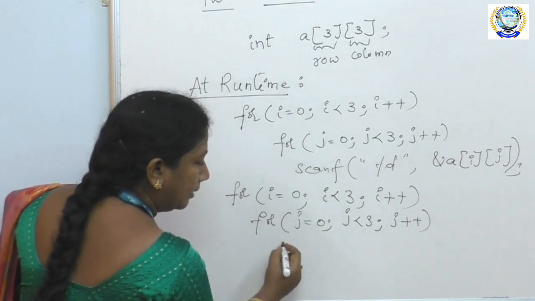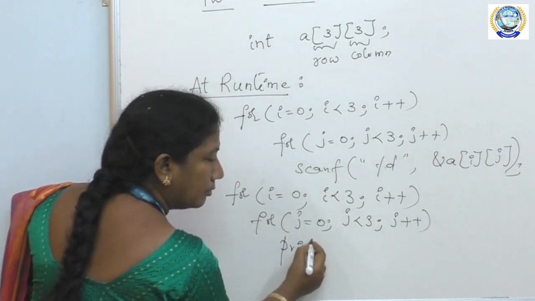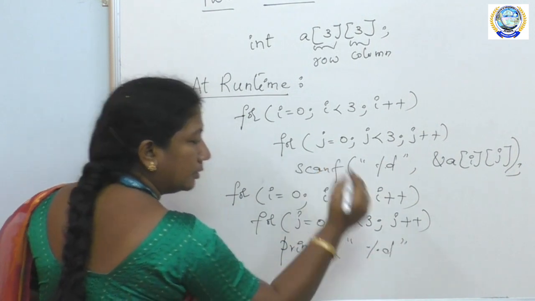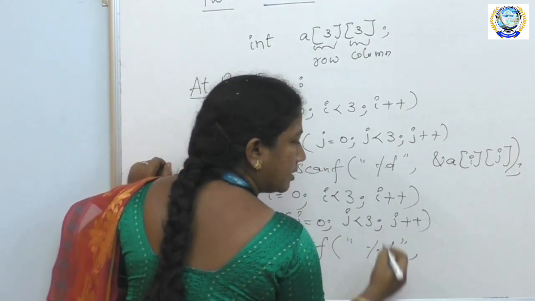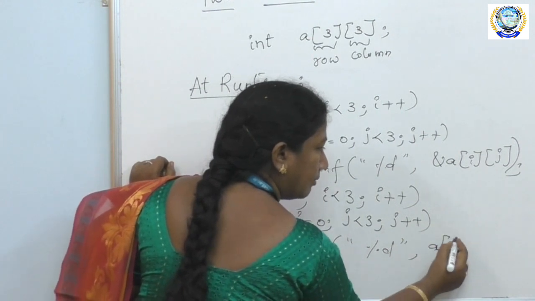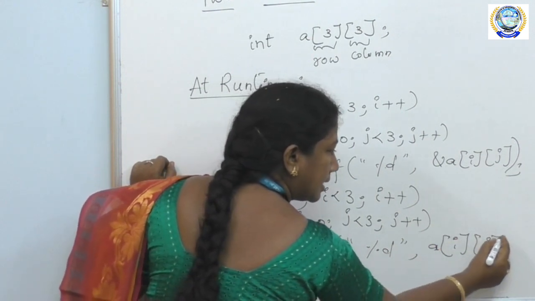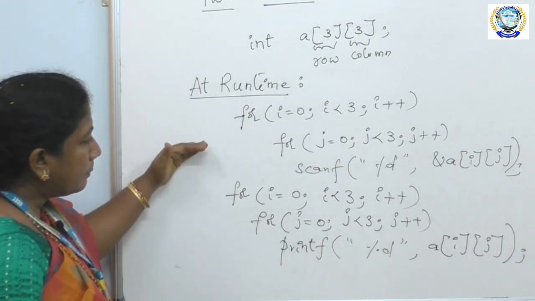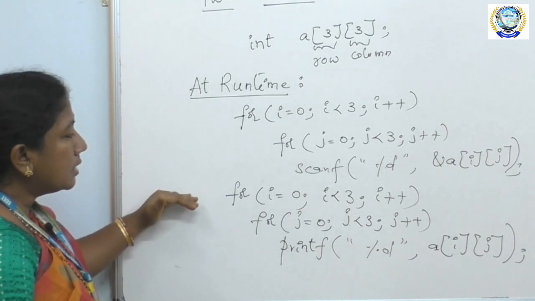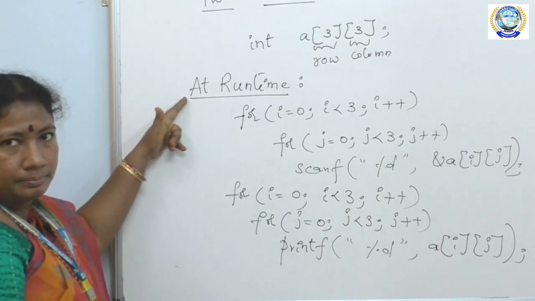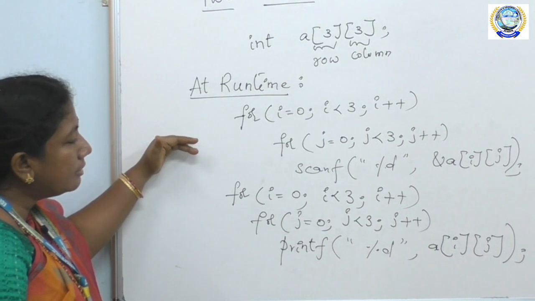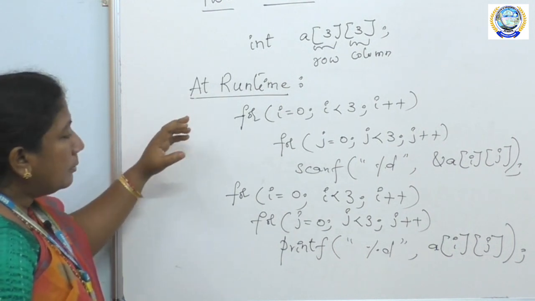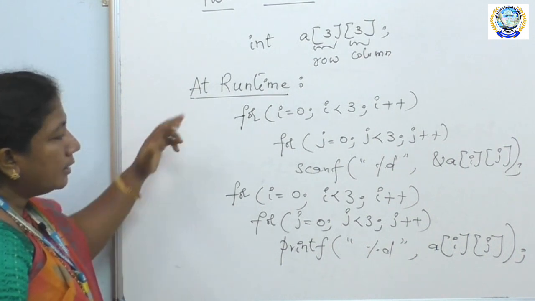Next, for printing the values, we have to give the printf statement, that is printf("%d"), then the values of the array, that is a[i][j]. So, this representation is used at runtime, exclusively for taking the values at runtime and printing those values at runtime.